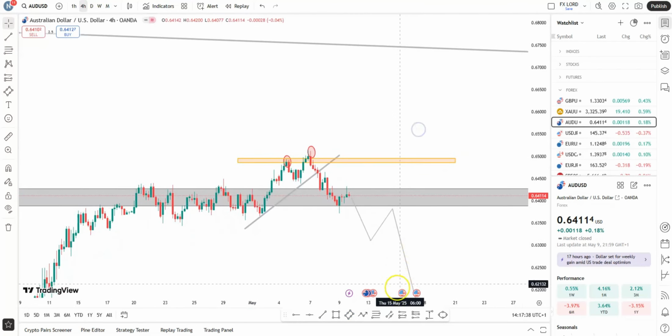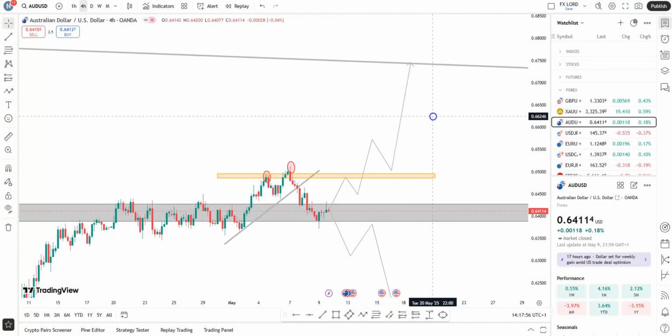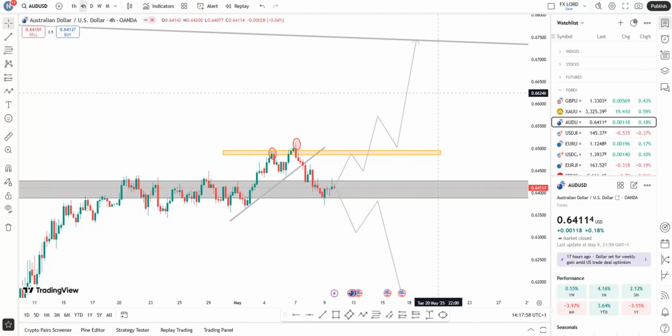So I'll wait for the market to come into my minor resistance level, maybe break out of this level, a retest of this level, and my target is going to be this trend line right here. So my target is going to be here. So this is my bullish and bearish scenario on AUD USD.